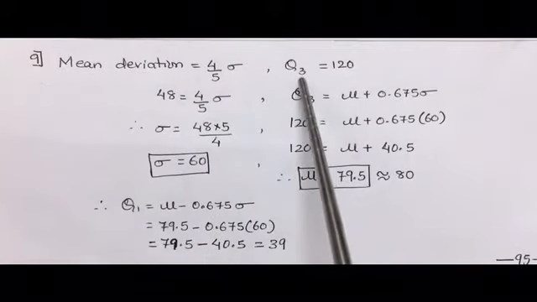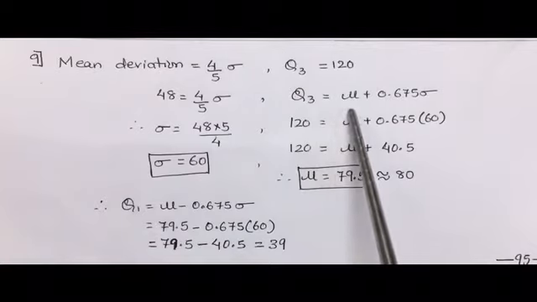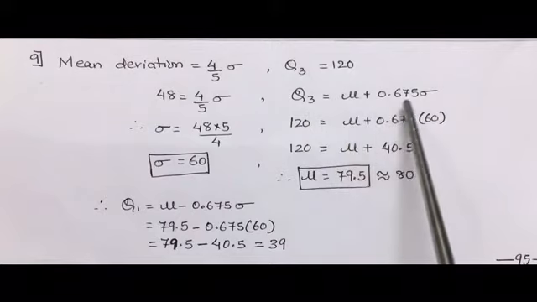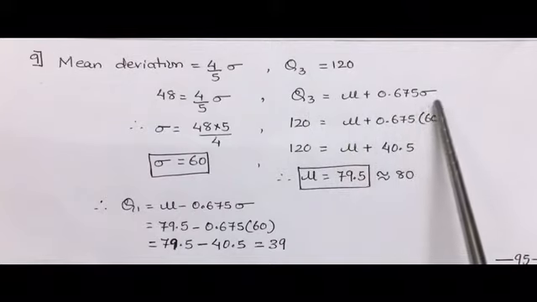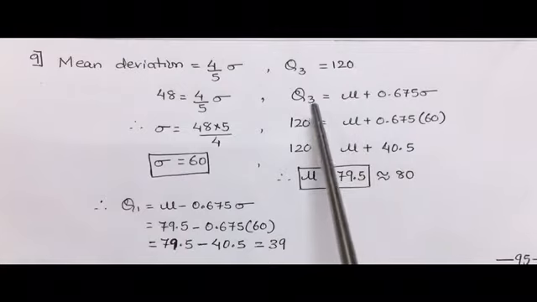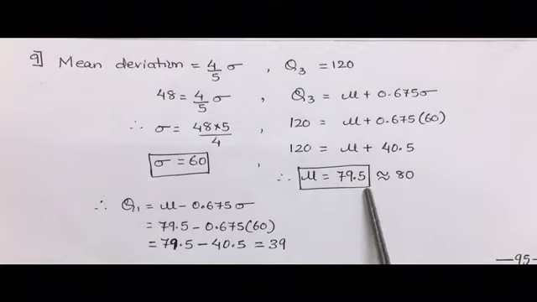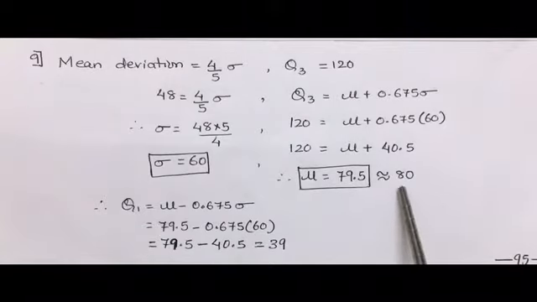Now using the formula of Q3 to calculate mu, that is the mean, the formula of Q3 is mu plus 0.675 sigma. Keeping the value of Q3 as 120, sigma as 60, and calculating, we get the value of mu as 79.5, which you can approximate to 80 also for the calculation.